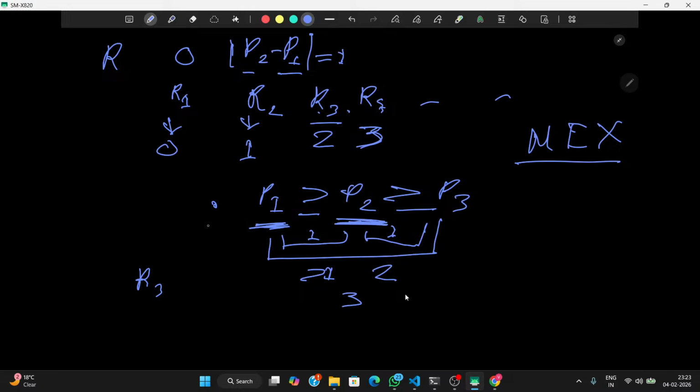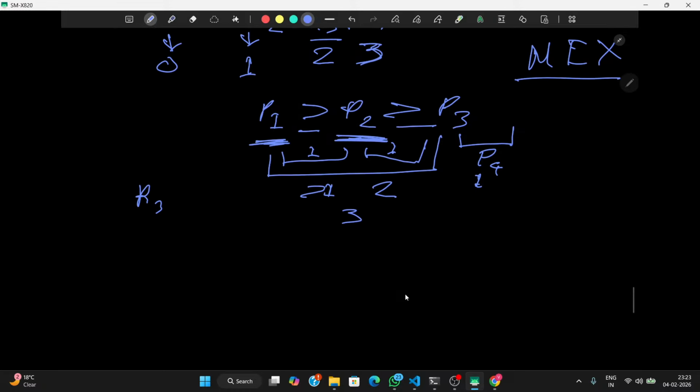So if we insert a fourth element here, its difference should be 1 from this. And if the fourth element is less than P3, again the difference will be 1 from P3 also, right? That means the fourth element will also be adjacent to one of the endpoints of the first three elements.